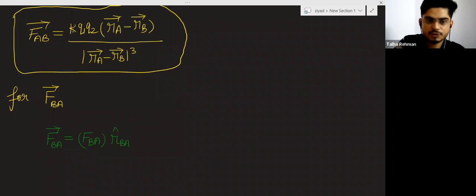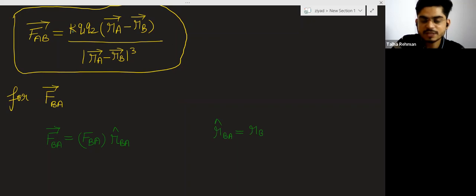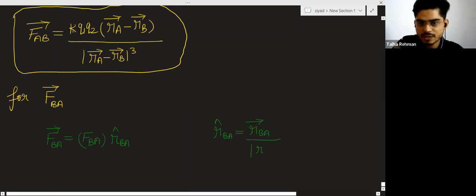This time you are taking the unit vector of BA vector. Then you will write the r. Now this time not AB, you will take r_BA vector and the magnitude of r_BA vector.